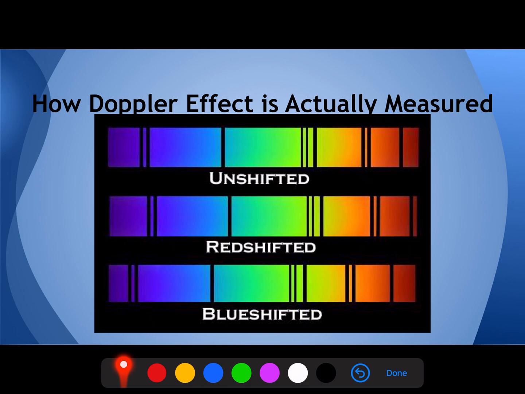So if you receive some starlight and you see the same pattern of double lines, but they are just shifted, so you know this is sodium again, but it's just a little bit shifted to a higher frequency than you expect, then you can say that that must have happened due to this Doppler effect, due to the motion of the star. Likewise, if these two lines are shifted in the other direction towards the bluer end of the spectrum, then you can tell that that motion must also be there, and it must be moving towards you in this case, or away from you in that case.